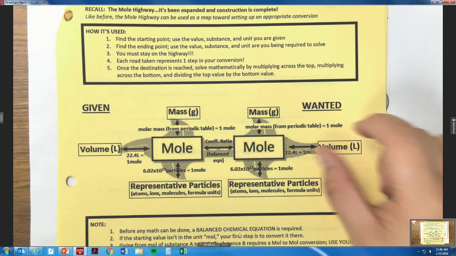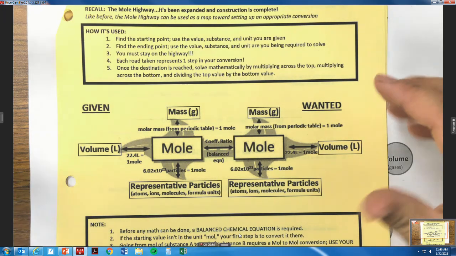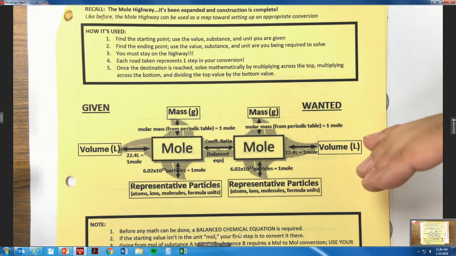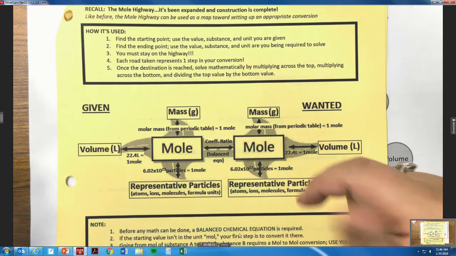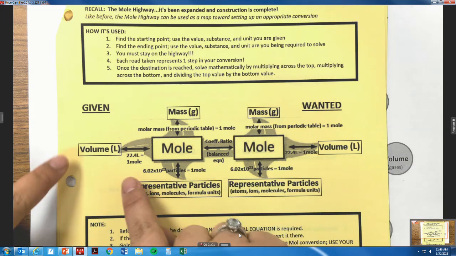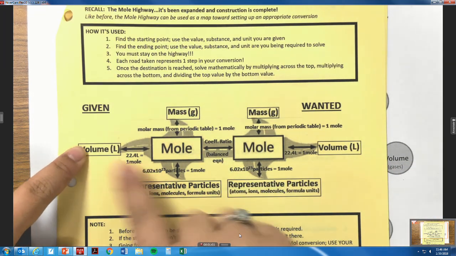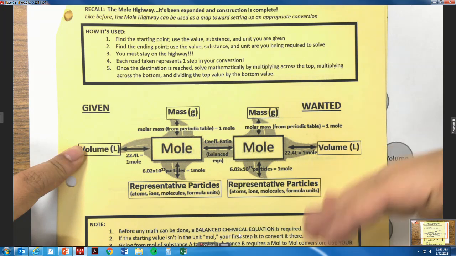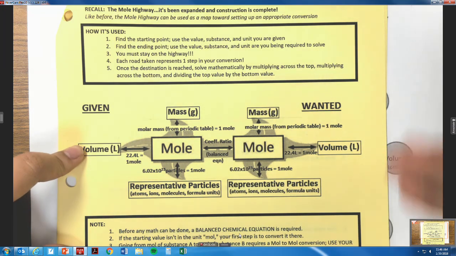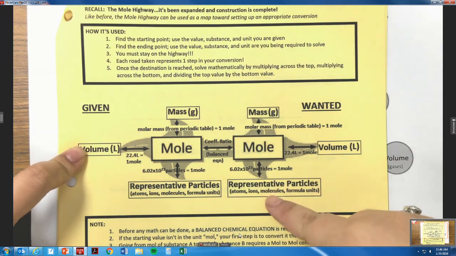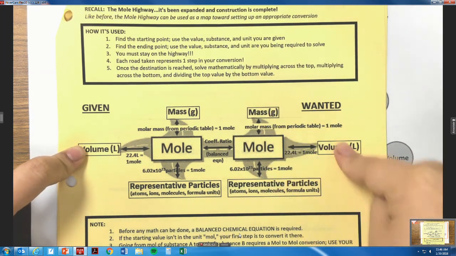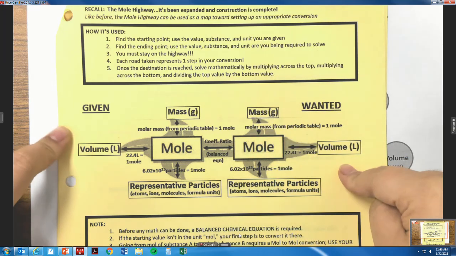It's the same thing: you start from what's been given in the problem or the equation, and whatever your question is asking for should be one of these four on the right side of our mole map.